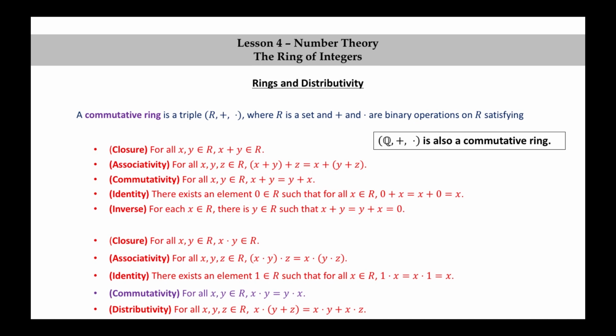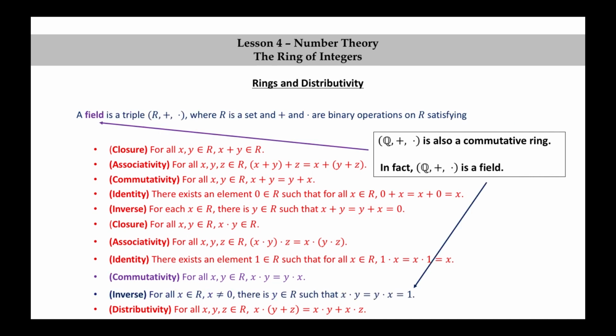The set of rationals, together with addition and multiplication, is also a commutative ring. In fact, (Q, plus, times) is a field. Okay, a field has the additional property of every non-zero element having a multiplicative inverse.